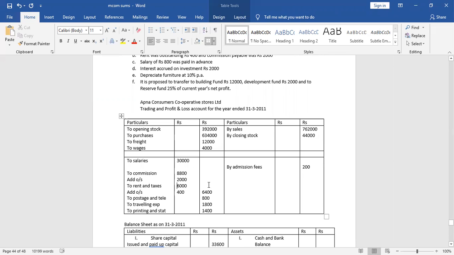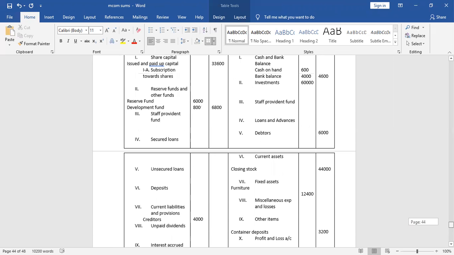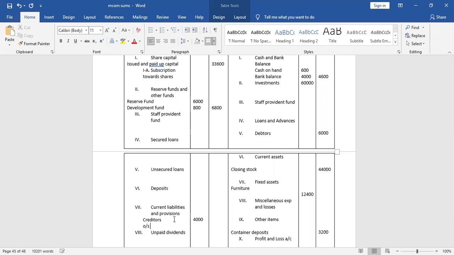So this becomes 10,800. Now the second effect, in current liabilities: outstanding rent, outstanding commission. How much? Rent is 400, commission is 2,000. So when we add all this, we get 6,400.